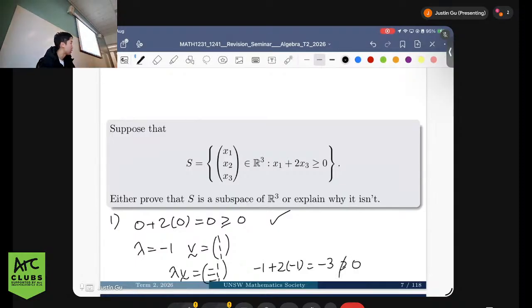So if one of the conditions fails, then obviously S is not a subspace.